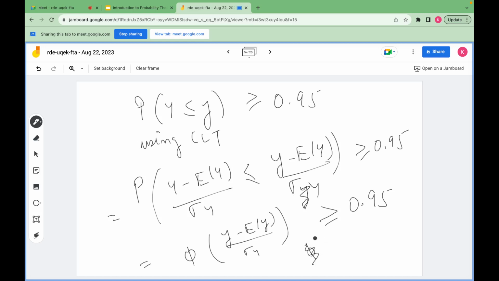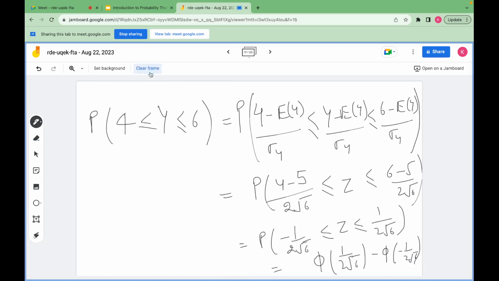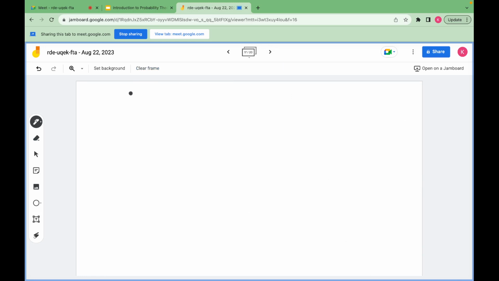So from the phi chart we can get this value, at which x this is equal to 0.95.